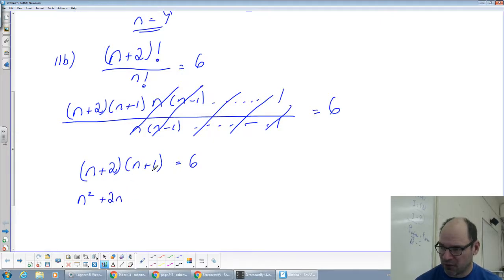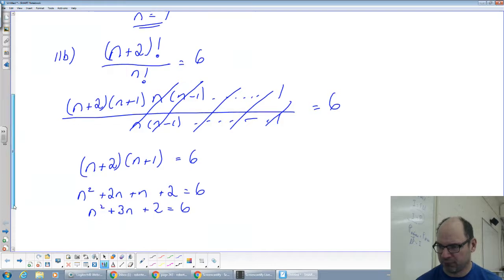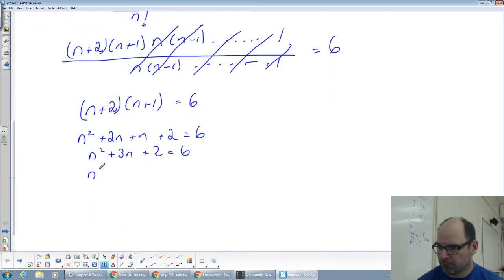Outside, 1 times n, so we get another n. And last is 2 times 1, which is 2. Then we have to add these n's together, and then we have to subtract 6 from both sides. So subtracting 6 from 2 is -4, equaling 0. Once you've got it in a quadratic form like that, this is where you've got to go back to your grade 10 and 11.